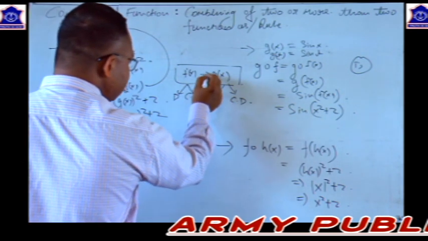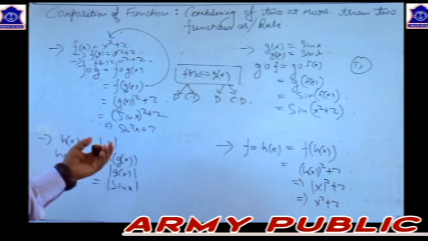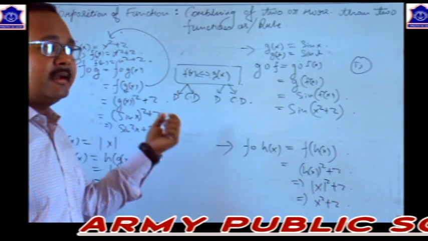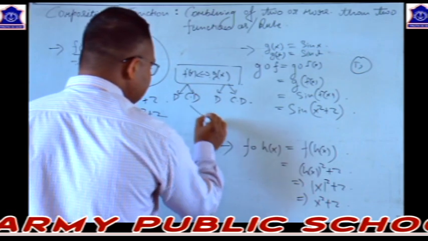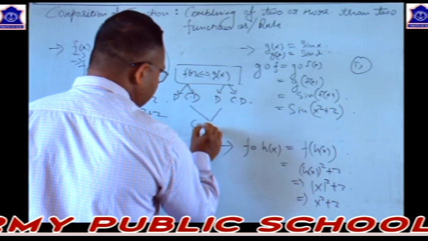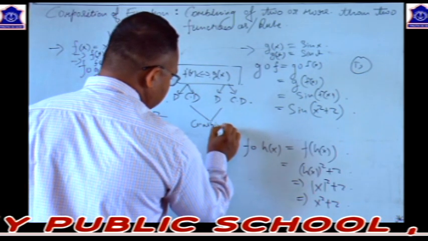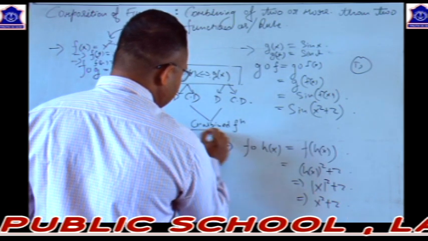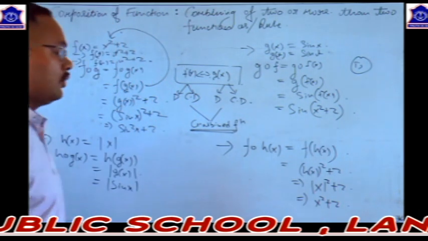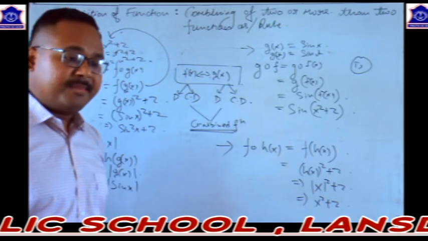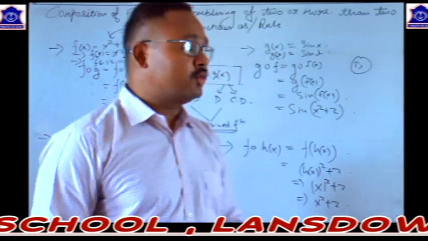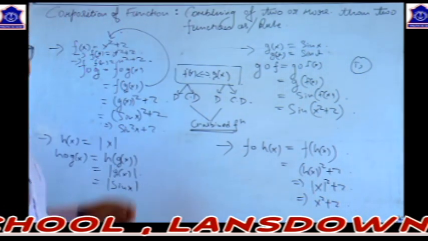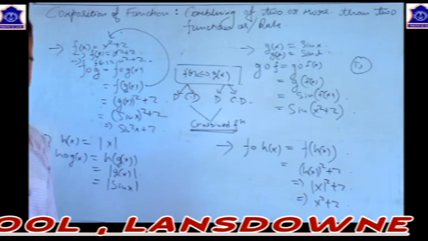So when we combine these two functions, what is the resultant domain and codomain of a combined function? जो हमारे पास resultant combined function आएगा, उसका डोमेन और कोडोमेन क्या होगा? So this is a topic which we are going to discuss now, which is a theoretical approach of this topic, composition of function.